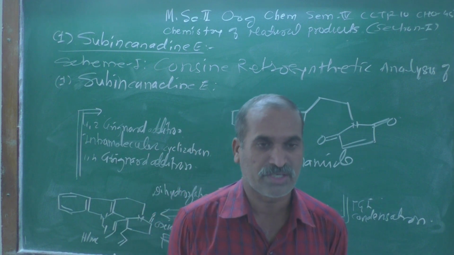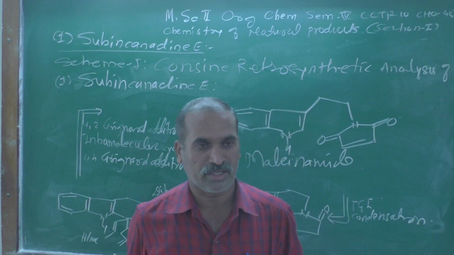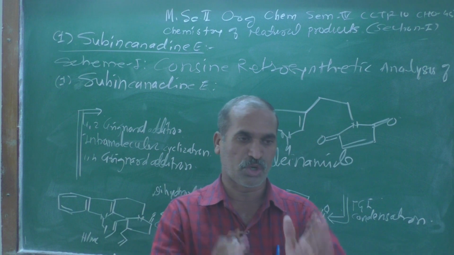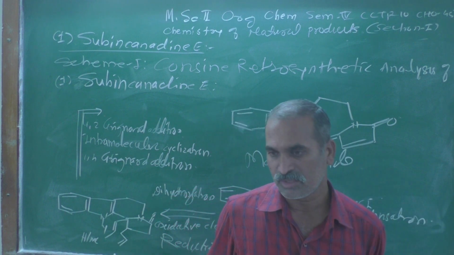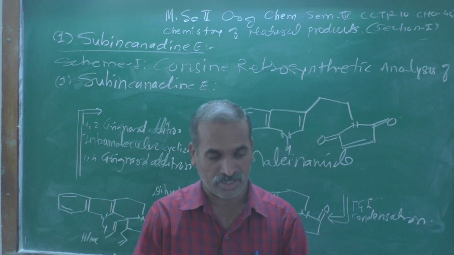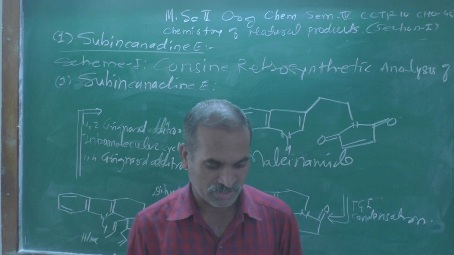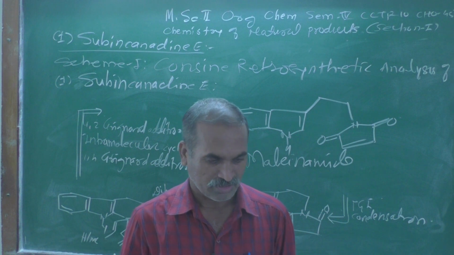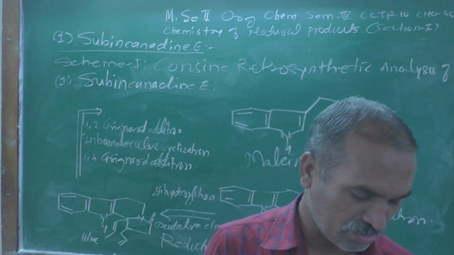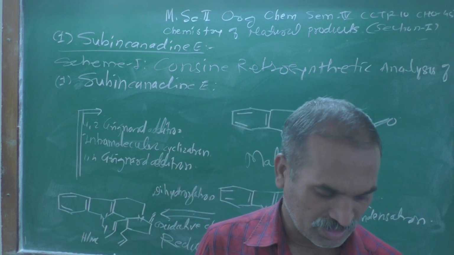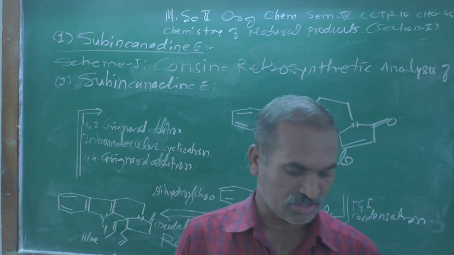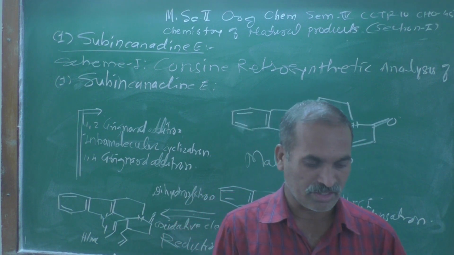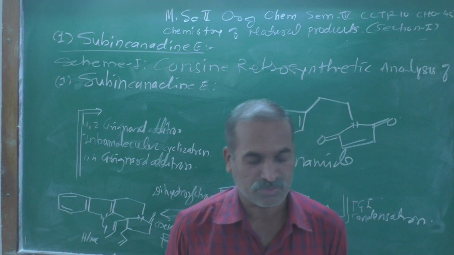We are studying this sabine canadine E because it exhibits cytotoxic property, which is a biological property, and therefore many researchers are attracted toward this type of natural molecule. This is the total synthesis of plus minus sabine canadine E and determination of absolute configuration.